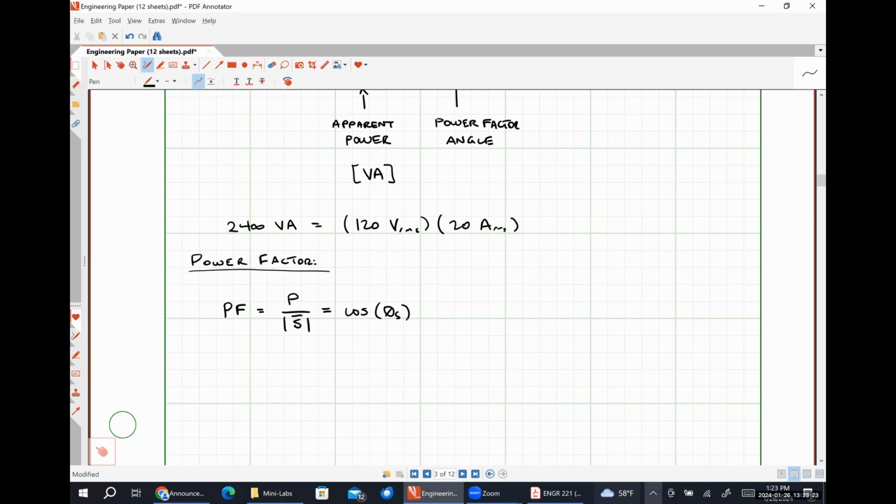In some instances, like most homes, that will be the case. But for some, say, large-scale manufacturing places, it will not be the case because they have large loads like induction motors and things like that that are going to have a lot of reactive power associated with those loads.